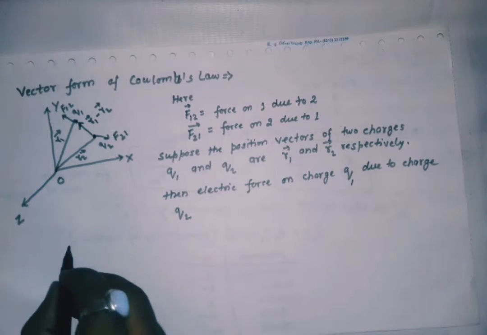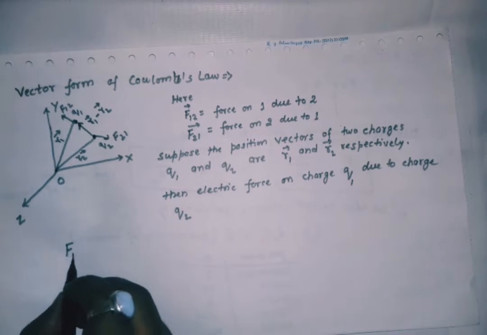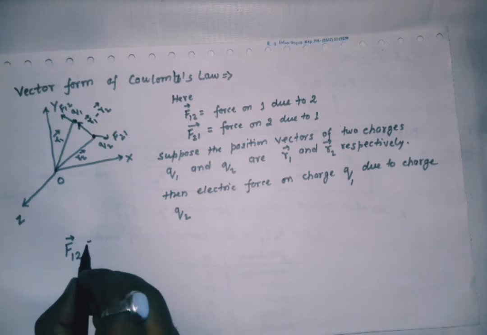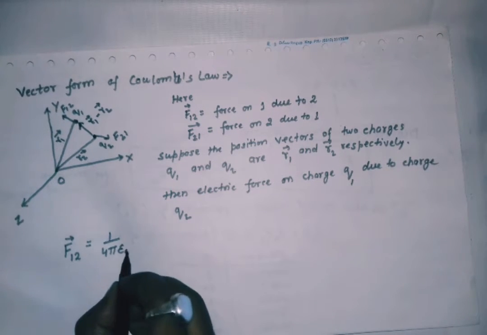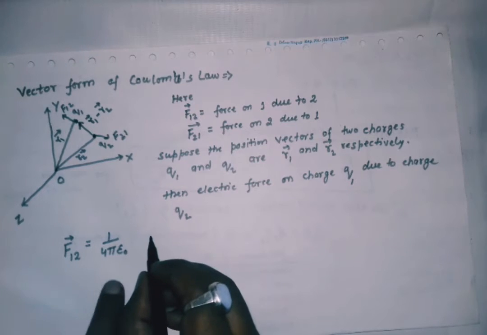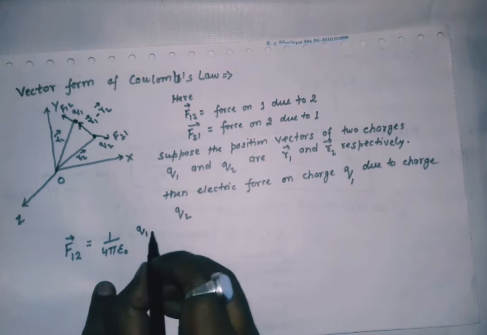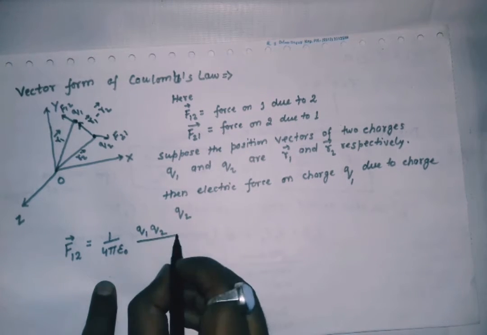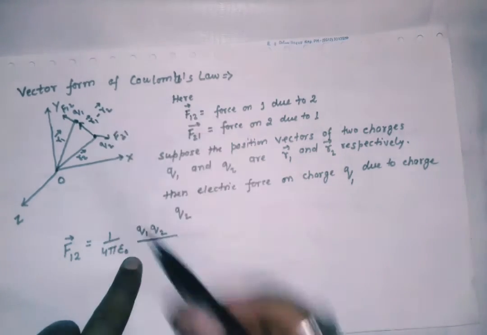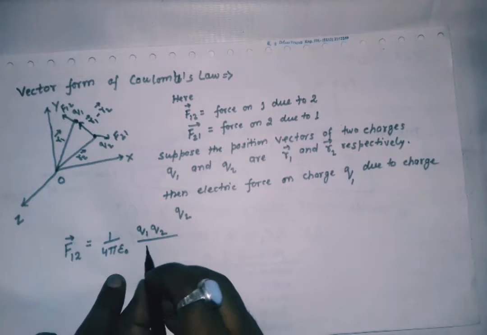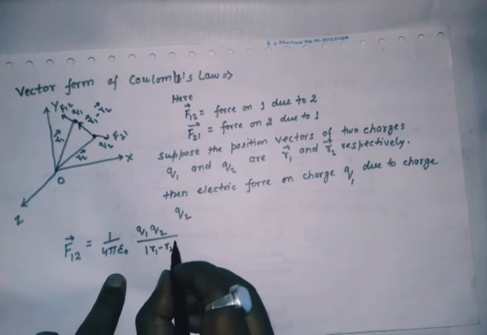So this is given by Coulomb's law. So F12 equals 1 upon 4 pi epsilon naught, which is nothing but K, Q1 Q2 divided by R square. So this is r1 minus r2 whole square.